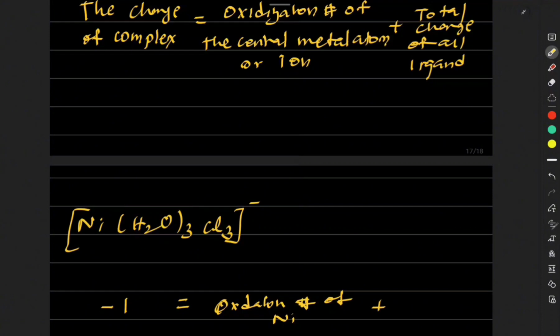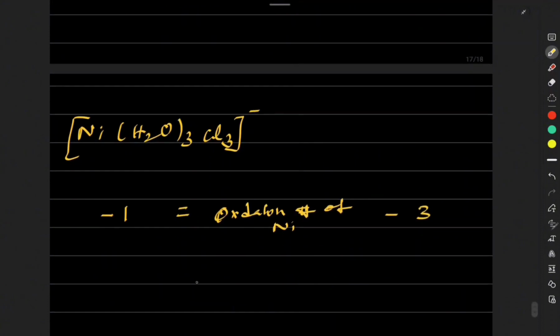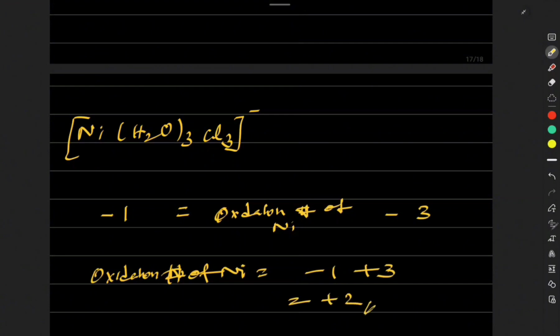H2O has 0 charge, there is no charge in H2O. 3Cl means there are 3 Cl minus ions, therefore 3 minus charges. So the oxidation number of nickel is minus 1 plus 3, which equals plus 2.